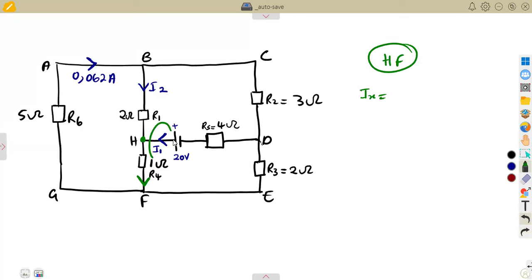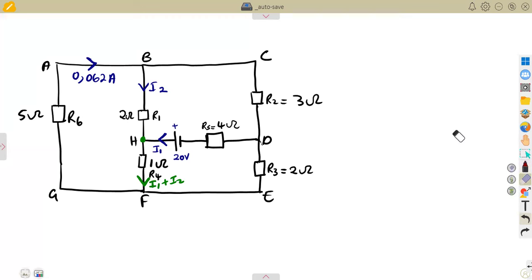It must be the sum of I1 and I2, which are flowing towards the junction, I1 plus I2. So in this branch HF, the current that we are going to use is I1 plus I2. This is the current flowing, current 1 plus current 2.